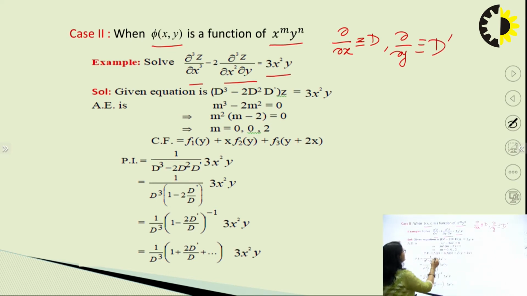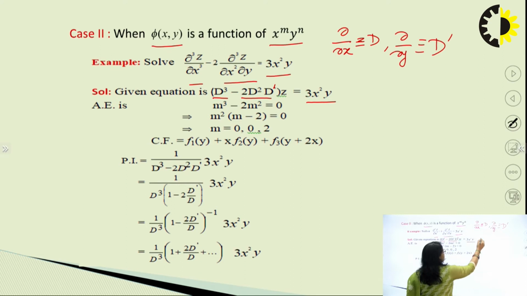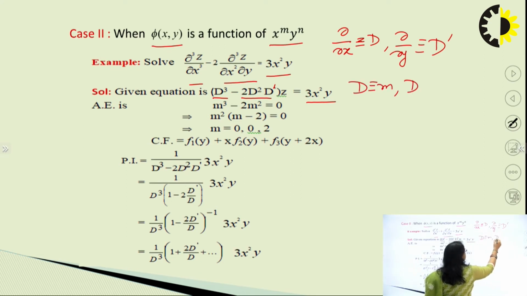So I get the equation as D cube minus 2D square D dash applied to z equal to 3x square y. So to write the auxiliary equation, I will replace D by m and D dash by 1.